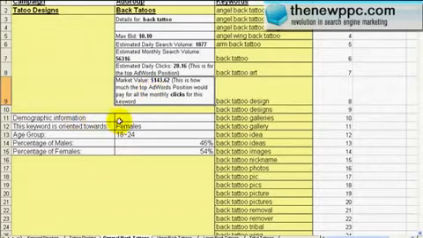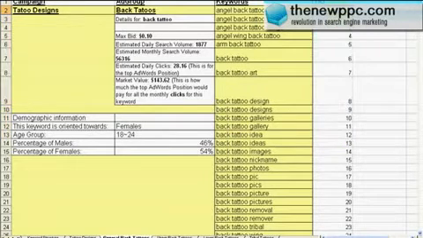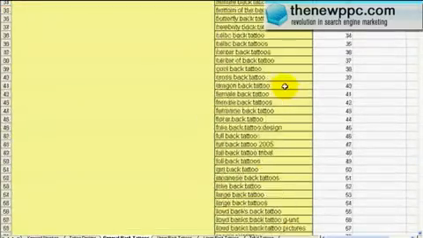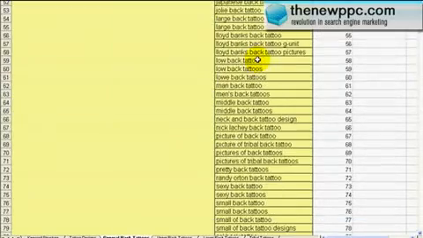Mm-hmm. And again, we have our demographic information. And again, let me just put this in for you again. This is our TID, the tracking ID that we're going to use for ClickBank, and these are all back tattoos. And again, these are all the back tattoo terms. And again, I just want to let you know that this search volume is only for back tattoos, not for all these terms.